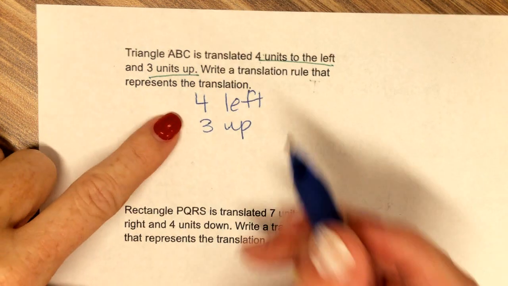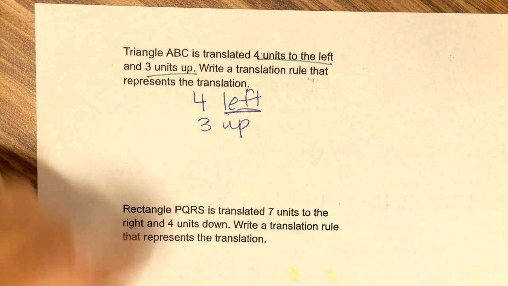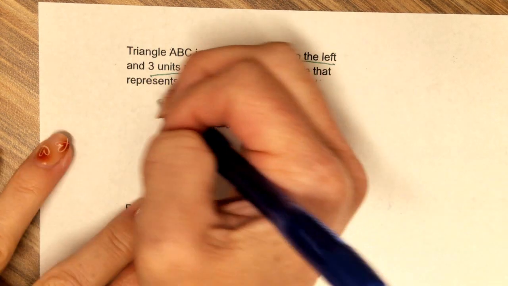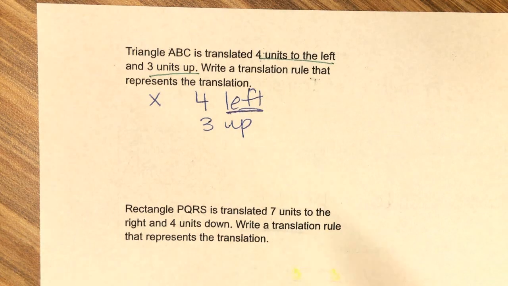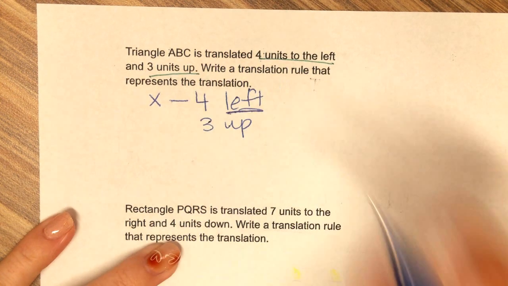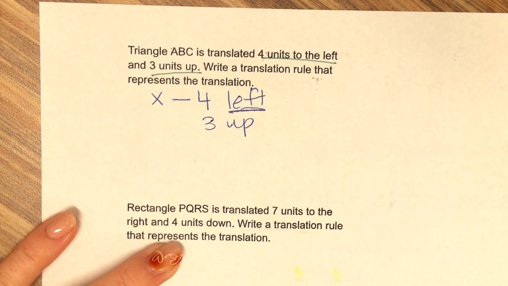Okay, which axis moves left and right? So the x goes with the 4. Is left positive or negative? Did everybody get that one correct?